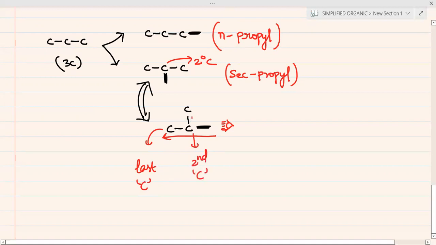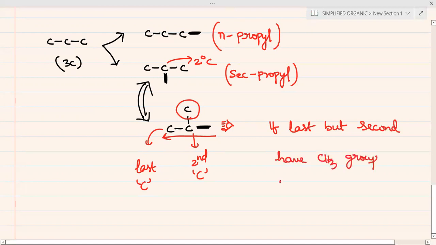If the last but second carbon has a methyl group, once again I'm repeating, then the total group is called iso.